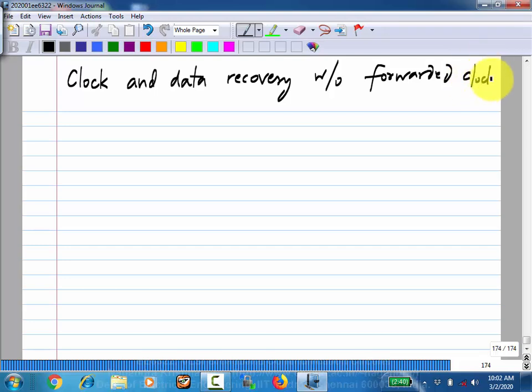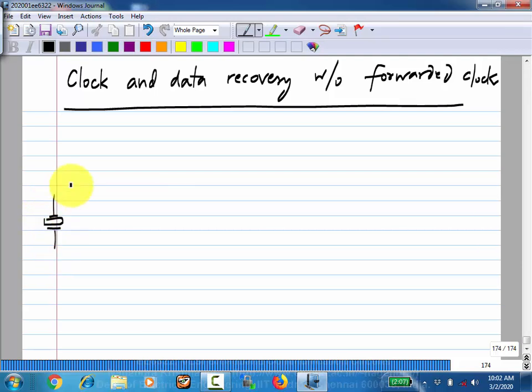without the forward clock. Okay. So now, how would we go about doing this? One thing you have to realize is that you will have an oscillator, typically derived from a crystal oscillator, on the transmitter side.